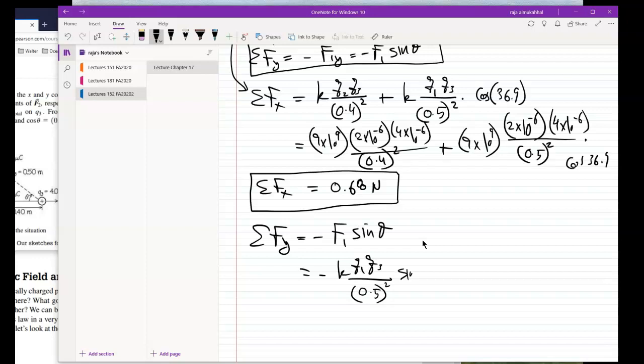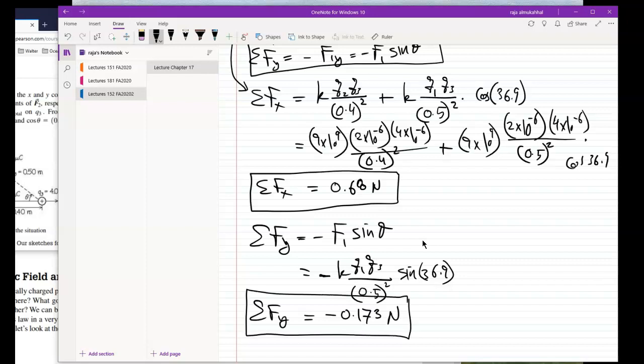Quantity squared times sine 36.9, and we work it out. And when you work it out, remember there's a minus sign here, that makes it a little bit different. I'll end up with negative 0.173 Newton. Okay? There we go.